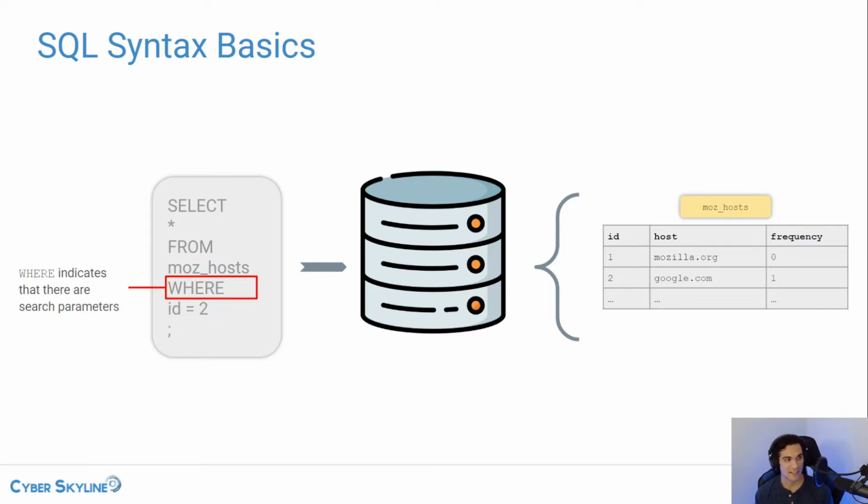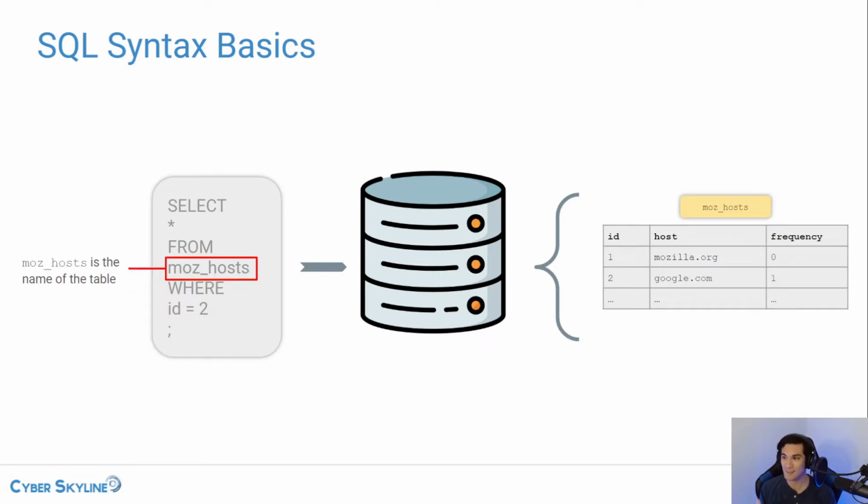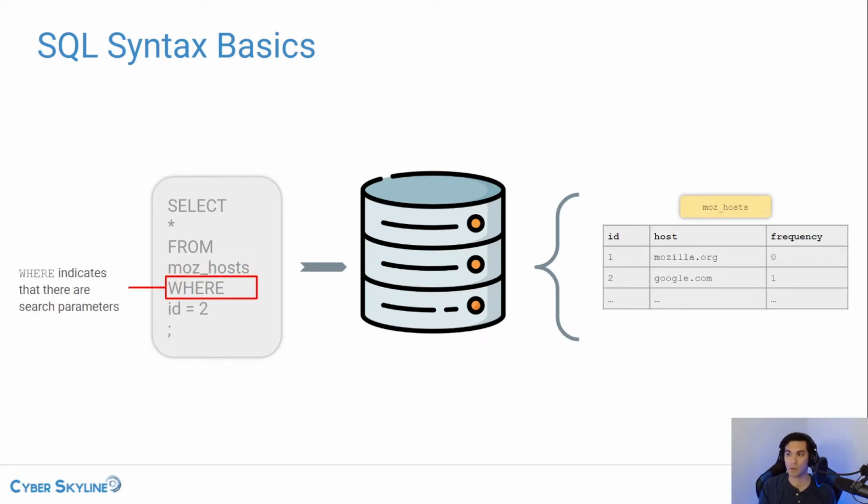Where is indicating that I've got some search parameters. So if we actually ended our request, our SQL statement at Moz hosts here, this would actually just give us all of the records in the database. All the records in the table. But what we're doing with where is we're saying we're actually going to limit, so we're not going to get everything.